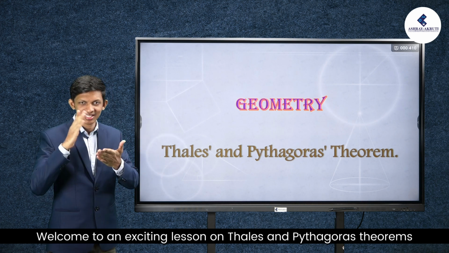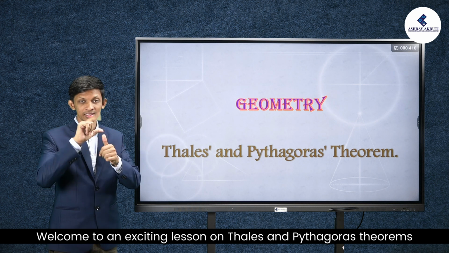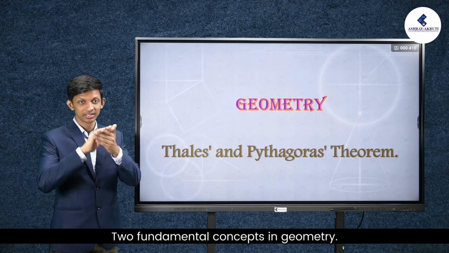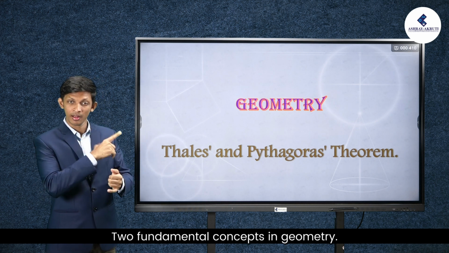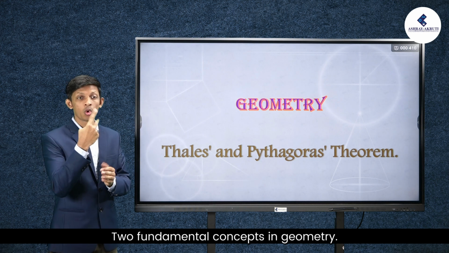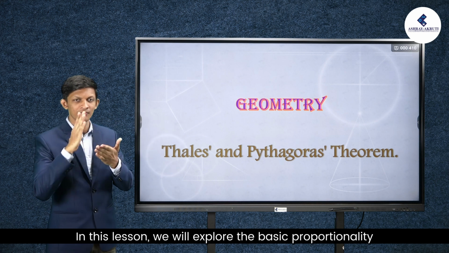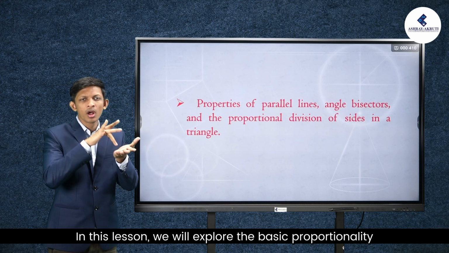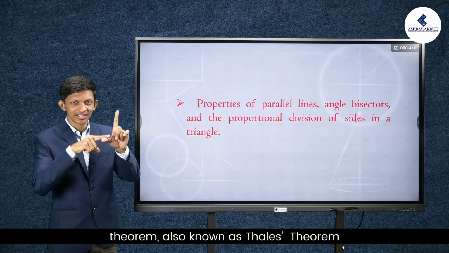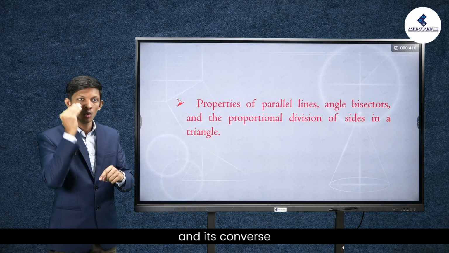Welcome to an exciting lesson on Thales and Pythagoras Theorems, two fundamental concepts in geometry. In this lesson, we will explore the basic proportionality theorem, also known as Thales theorem, and its converse.